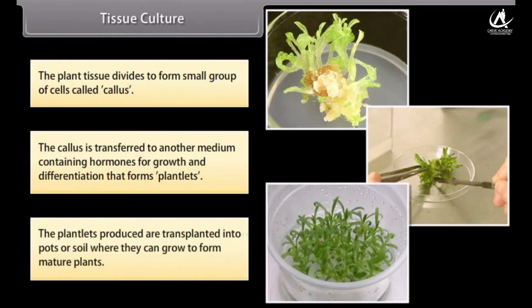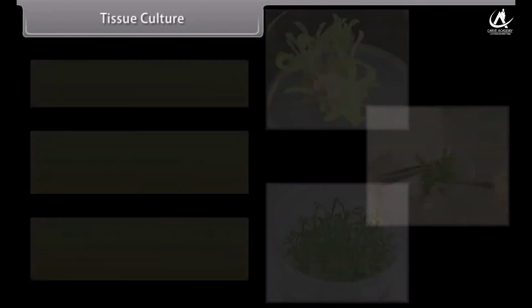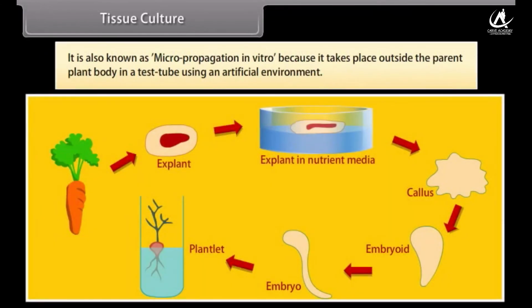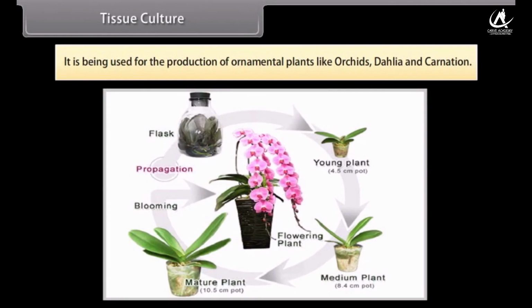The plantlets produced are transplanted into pots or soil where they can grow to form mature plants. It is also known as micropropagation in vitro because it takes place outside the parent plant body in a test tube using an artificial environment. It is being used for the production of ornamental plants like orchids, dahlia, and carnation.